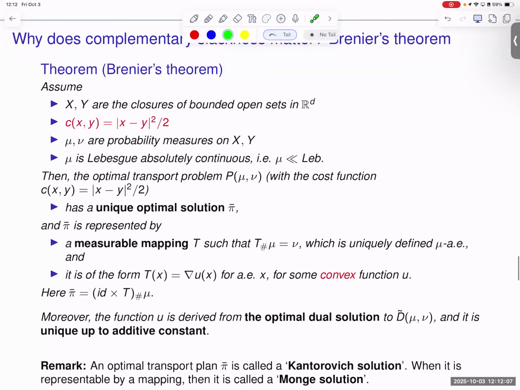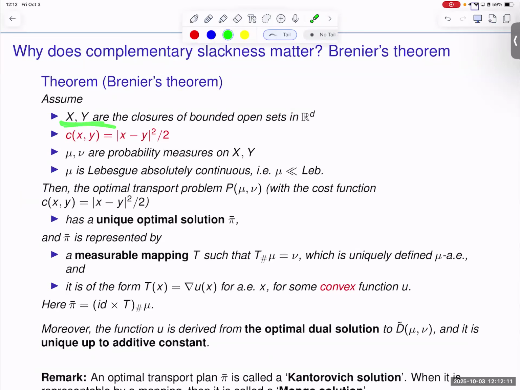What Brenier's theorem tells us is the following. Let's say you consider some bounded open sets and take the closure, and consider this quadratic cost function and probability measures on X and Y. Let's assume that one of them is absolutely continuous with respect to the Lebesgue measure.